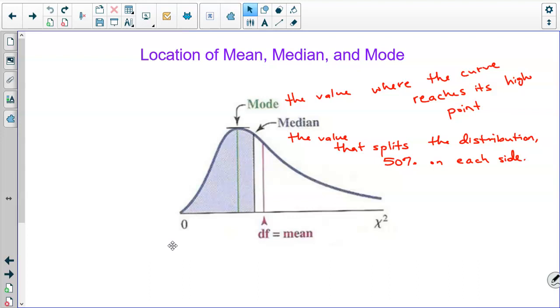And then the degrees of freedom are equal to your mean. I wrote some little notes for myself just to help me remember. Mode means most, so that highest frequency, and then the median splits it 50% on one side, 50% on the other. And because it's skewed, that's not going to be exactly in the middle. It depends on the skewness, okay? And then degrees of freedom equal your mean.